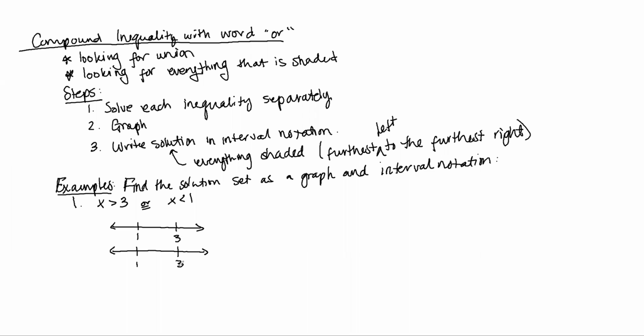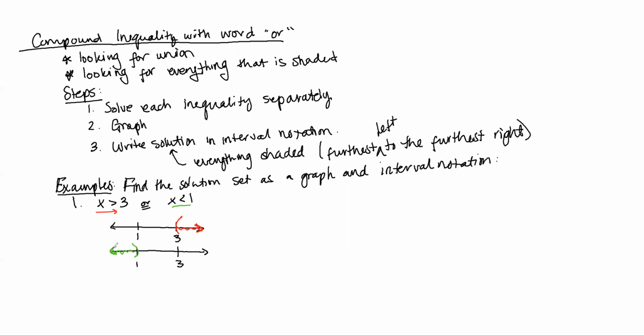And so if we graph x is greater than 3 on the top, in red, greater than 3 is everything to the right of 3, and we're going to use a parenthesis. X is less than 1, we're going to have everything to the left of 1 with a parenthesis.